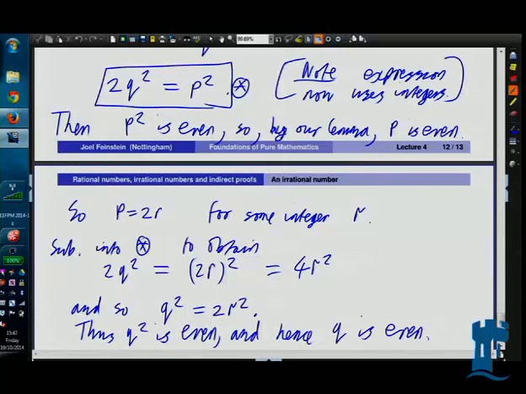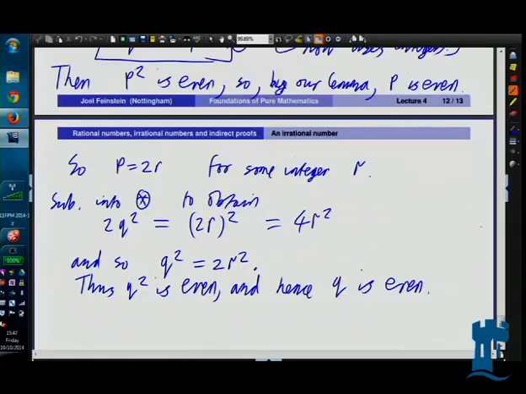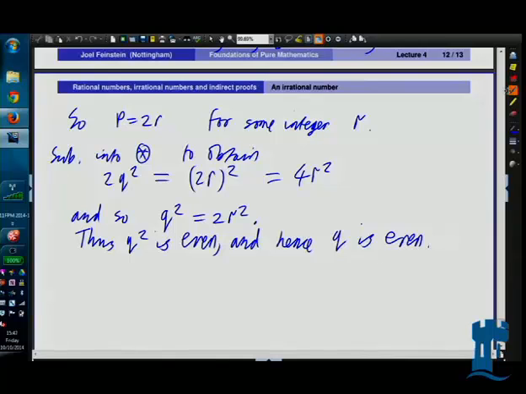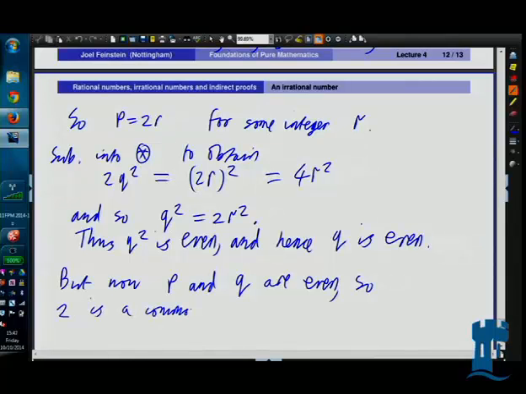But now we've got a problem. p is even and q is even, so 2 is a common factor of p and q.